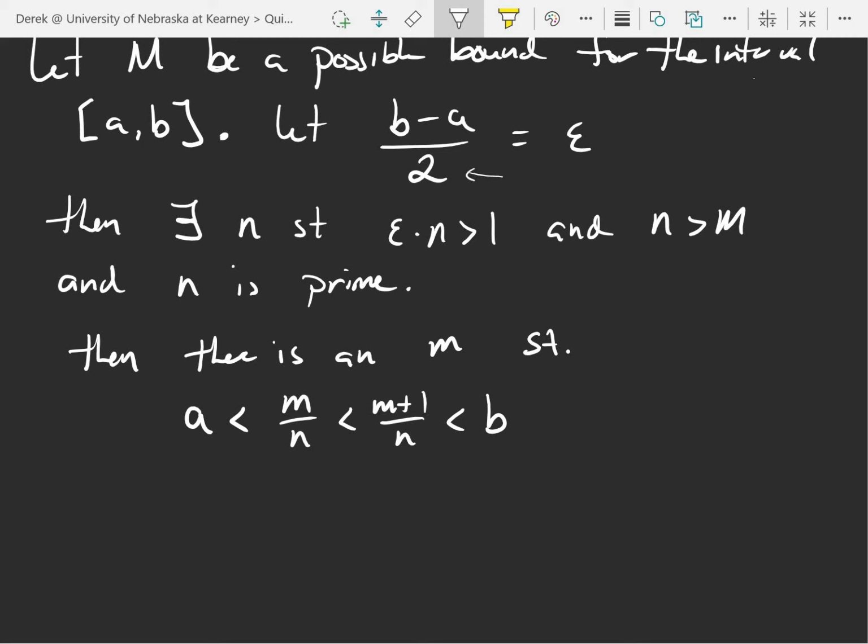I need both of these in here because maybe m and n weren't relatively prime, but one of these two numbers, maybe this number or this number, one of the two is going to be reduced because n is prime. If m is a multiple of n, m plus 1 is not a multiple of n. And if m plus 1 is a multiple of n, then m itself is not a multiple of n. So one of these two is reduced.